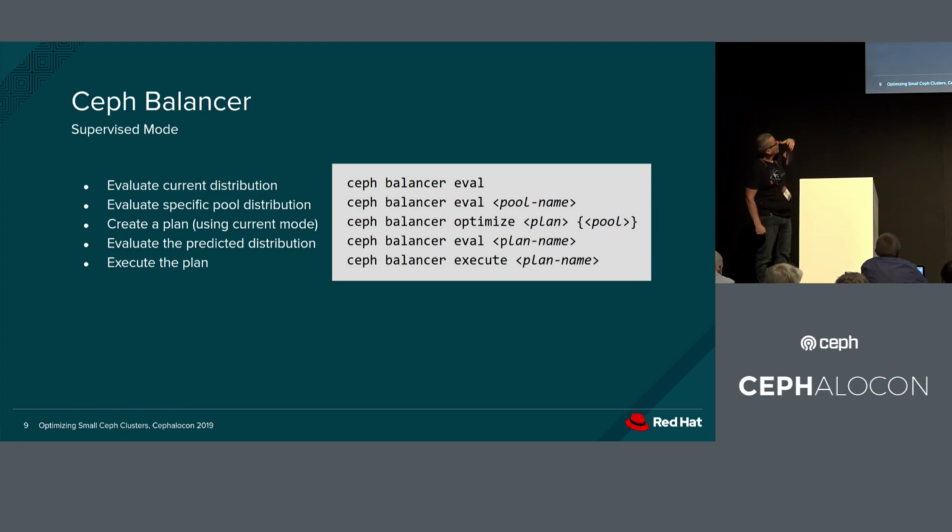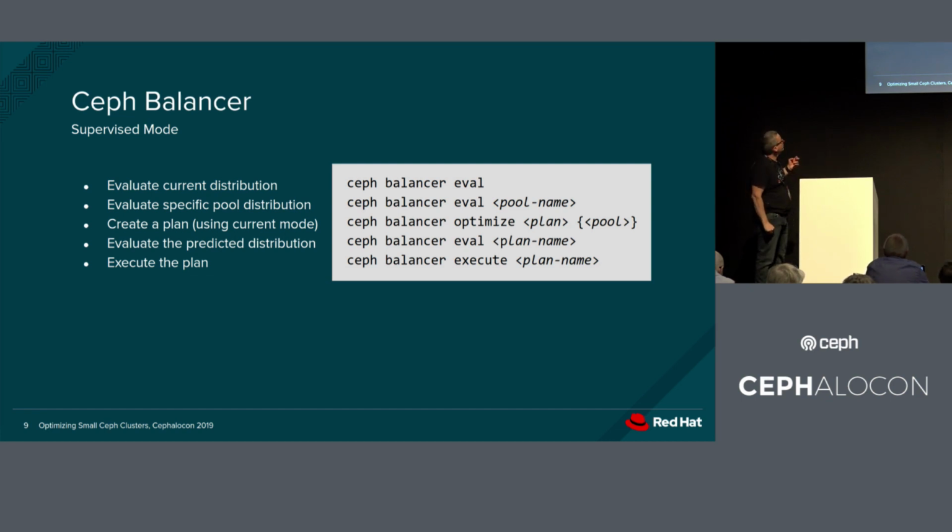So you can evaluate the current PG distribution. You could evaluate the distribution for a specific pool. We all know that not all pools are born equal. Usually we have a small number of pools which are way more important, so we could do this per pool, especially when it involves moving data. We don't want to move data for a pool of very cold information.